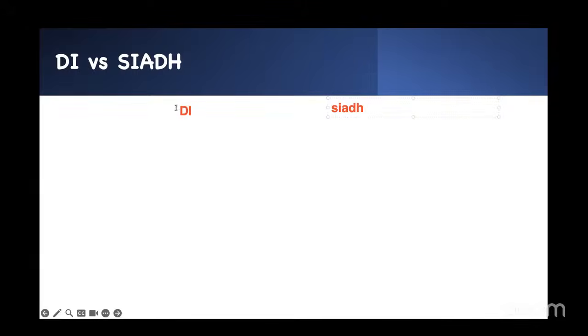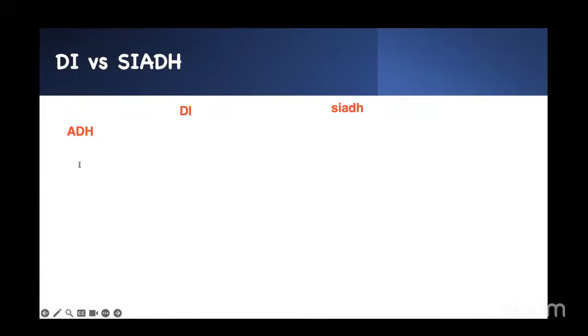We're going to separate the conditions. The first thing we're going to talk about is what ADH does in terms of DI, and then SIADH. If you have ADH, it's going to absorb water.